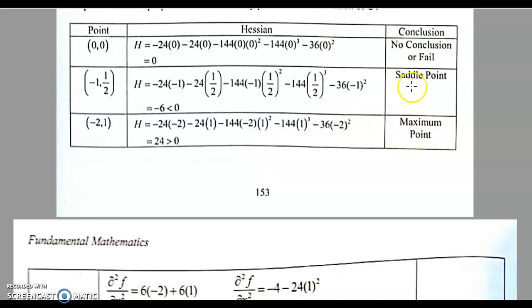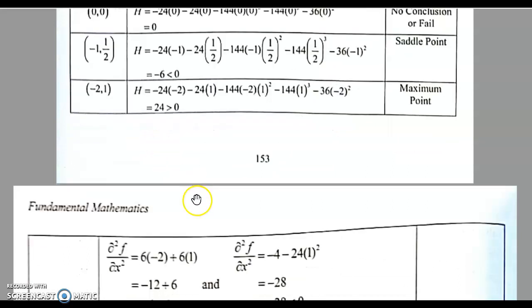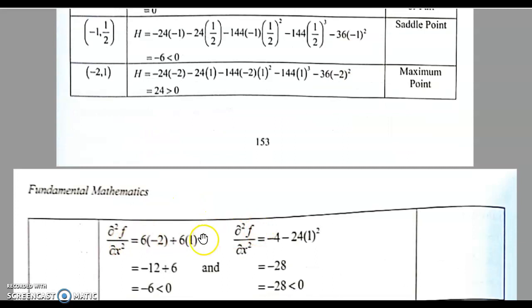Just to compare with a saddle point, a maximum or minimum point is known as a turning point, because for a maximum point, the graph goes up, meets that point and later turns down. The same goes if you calculate the Hessian and it is positive, and then you look at the second derivative and it is also positive for both of them.